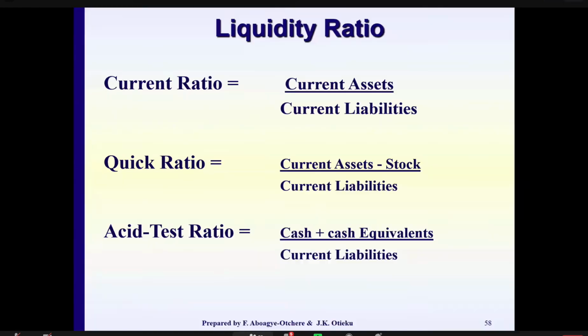So when we talk of cash and cash equivalents, the cash equivalents are assets that can be converted to cash easily. So it satisfies the liquidity requirements at minimum cost, and it satisfies the valuation criteria. So when we talk of cash equivalents or near cash items, we are talking about assets that can be converted to cash easily and at minimal cost.